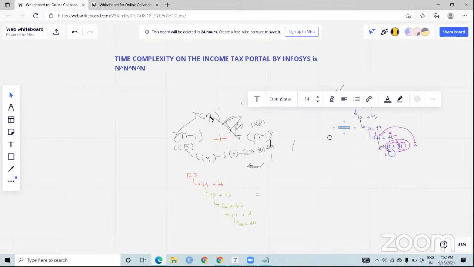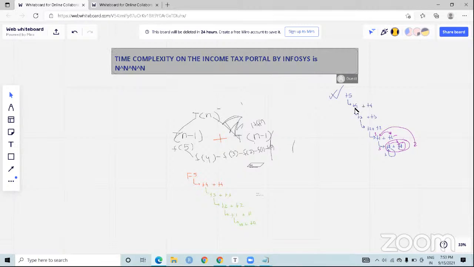Once I was solving this question, it was taking so much time to think. I have written here, Tn has two branches, like Tn minus 1 and Tn minus 1. So here you have written f5 is equal to f4 plus f4.